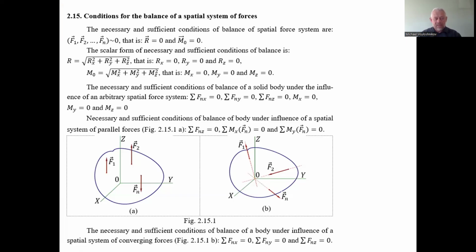This means that each summand has to be equal to 0. That is, the projections of the resultant force on the abscissa axis, on the ordinate axis, and the applicate axis have to be equal to 0.